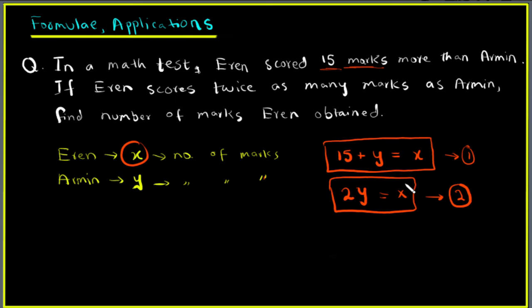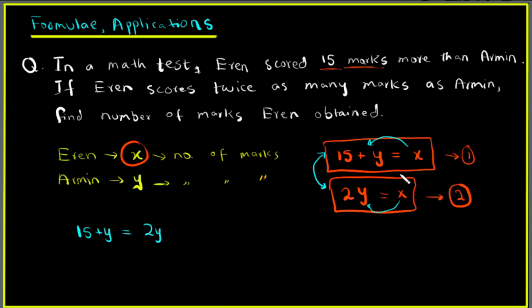So we can simply see that X is equal to 15 plus Y, and X is also equal to 2Y. Using simple common logic, we know that if something is equal to something, and that something is also equal to another thing, then these two things should be equal to each other as well. So 15 plus Y is equal to X, and X is also equal to 2Y, so 15 plus Y should also be equal to 2Y.